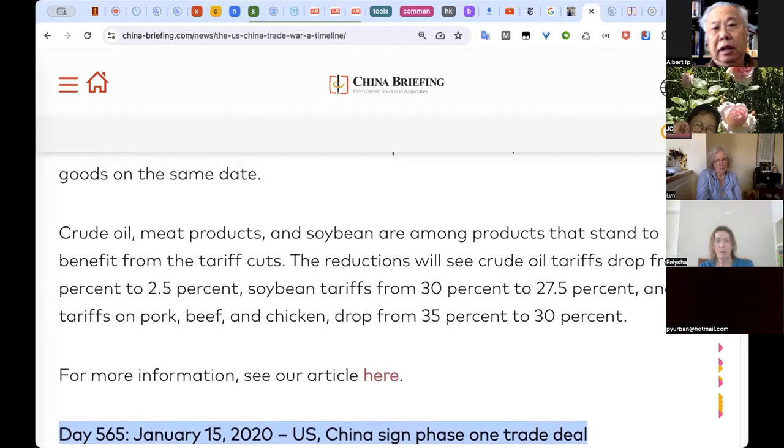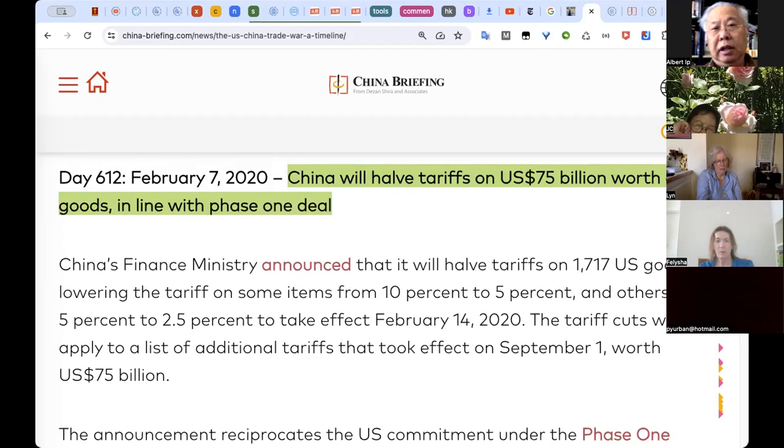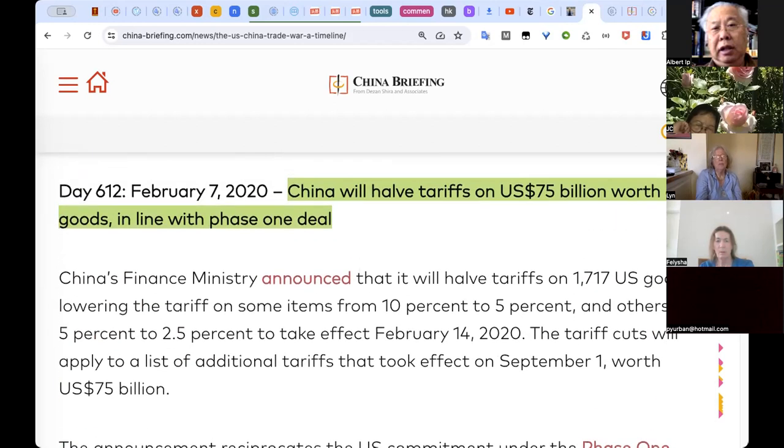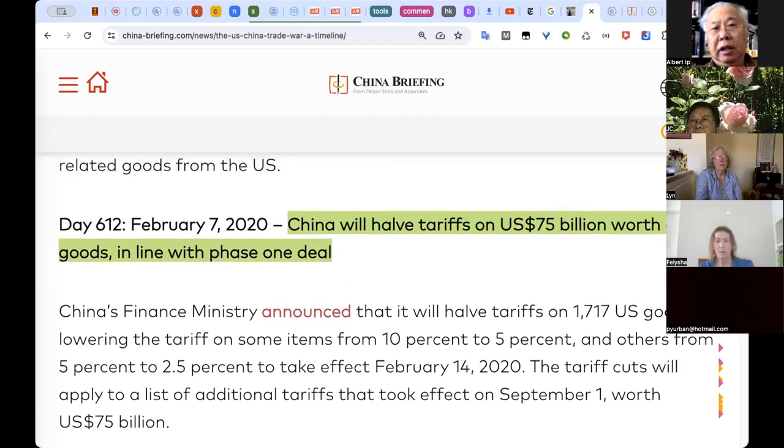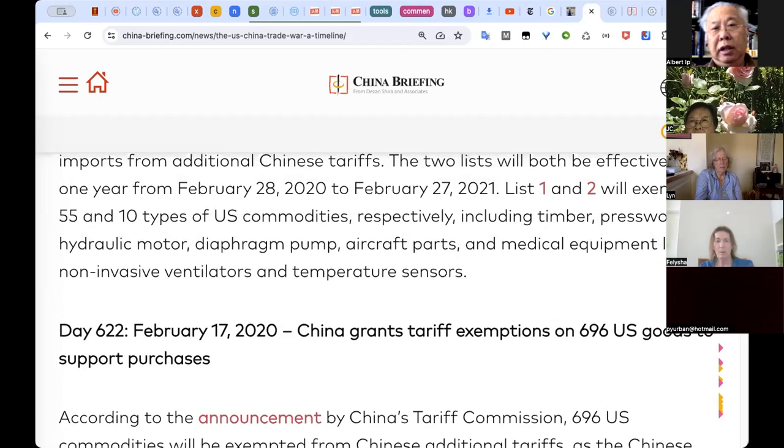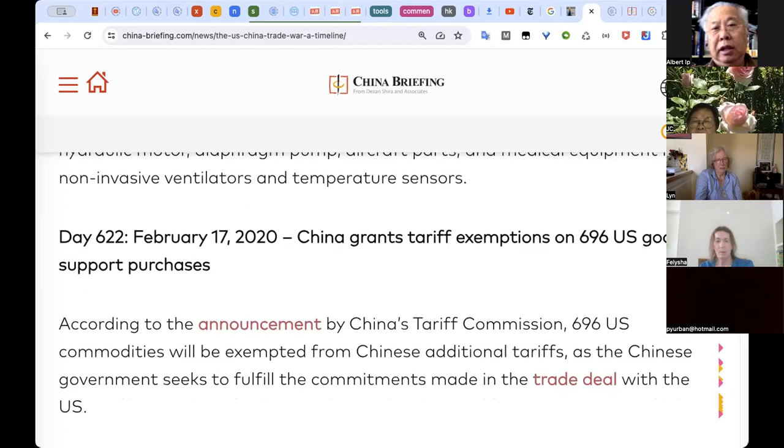Okay, so in February, China started halving the tariffs because of the trade deal. And then exemptions.